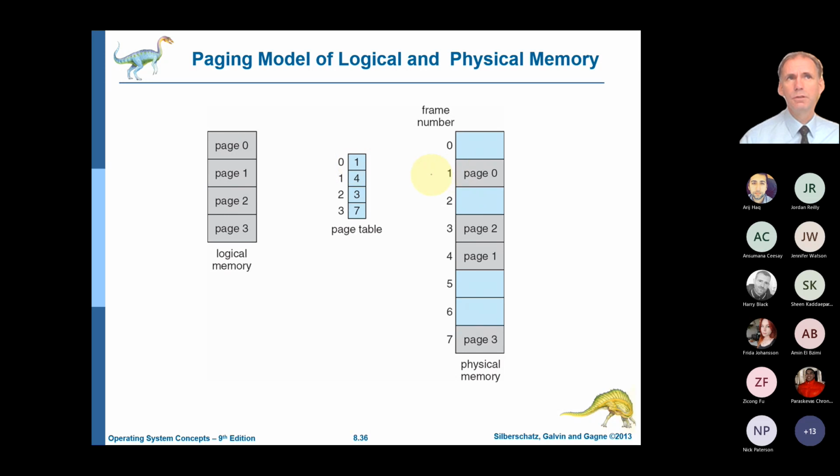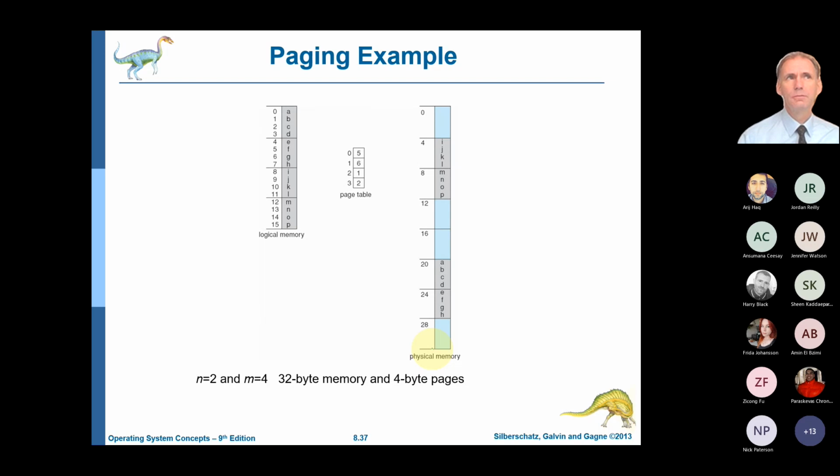So we look over here and we see that frame 1 is page 0. Page 1, that's in frame 4. There we go, page 1, frame 4. Page 2, frame 3. And look at that, they're contiguous, but they're not in order. And that's fine, we don't care. And page 3 is in frame 7. Okay, so we can start to use that to figure out where things are.